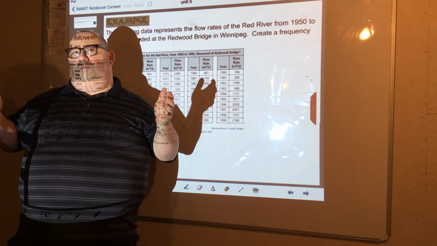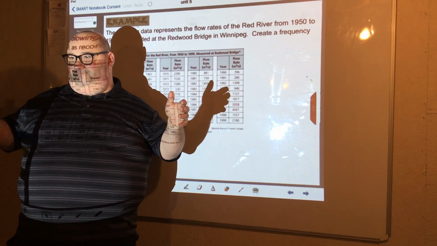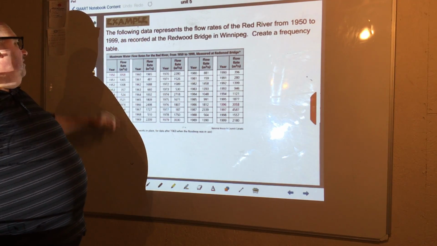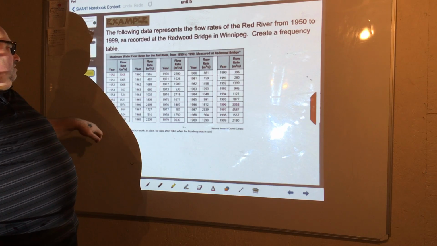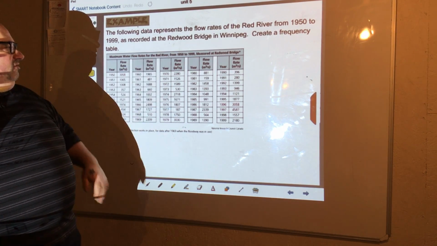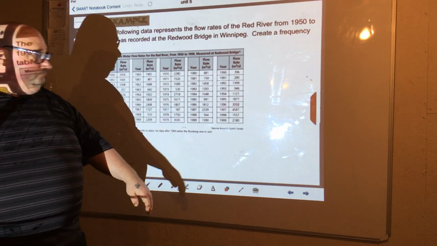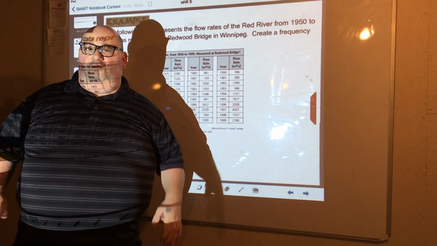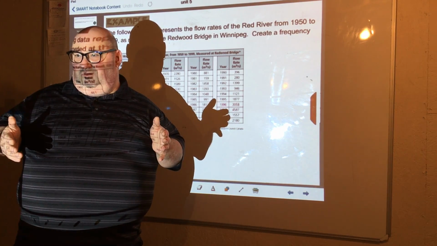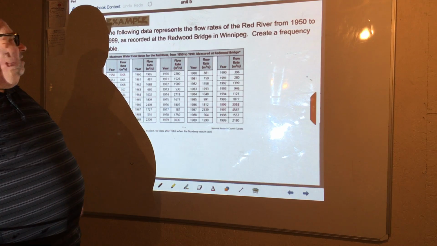So I'm going to say maybe 10. We could do from 1950 to 1959, 1960 to 1969, 70 to 79, and so on. So every 10 years, we're going to have 10 different intervals.